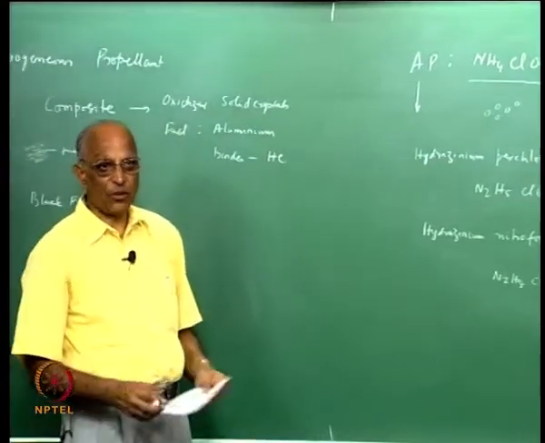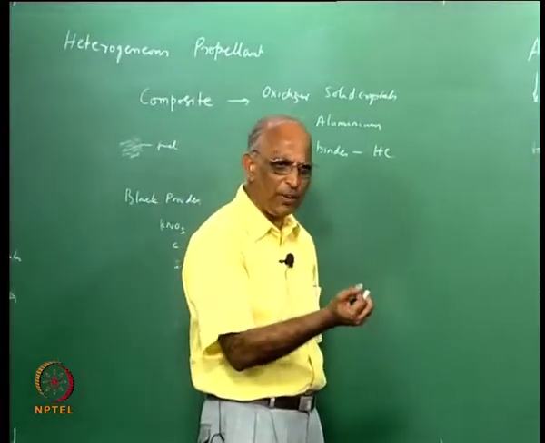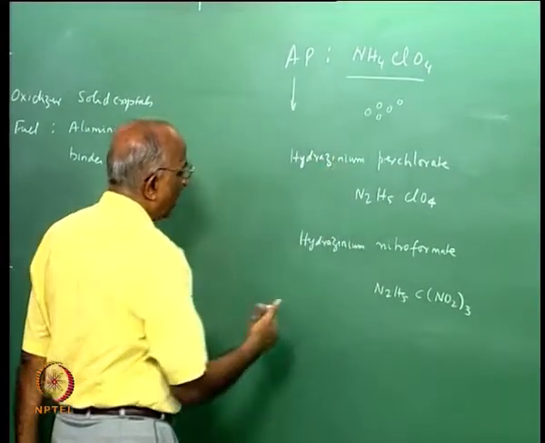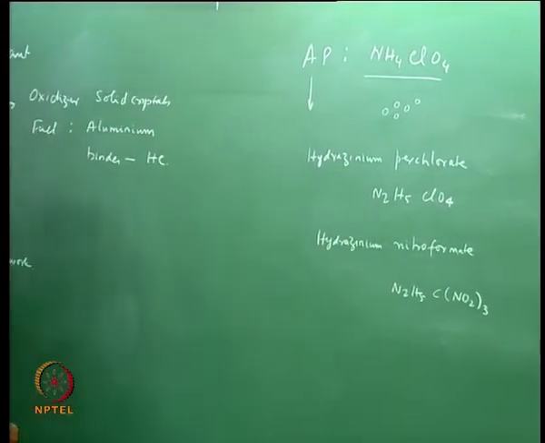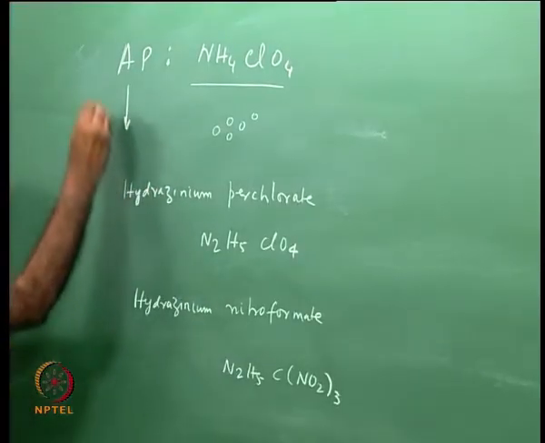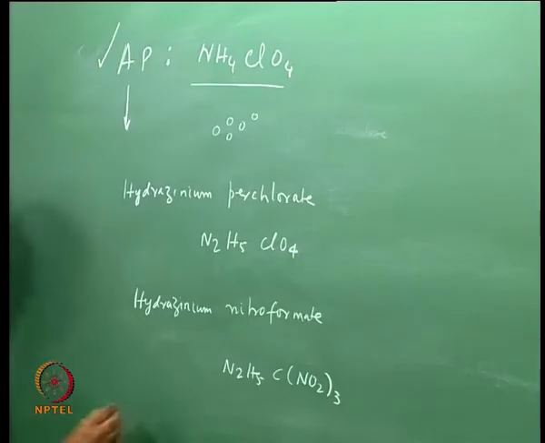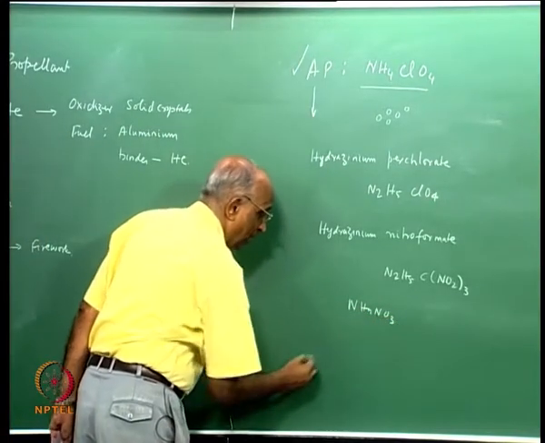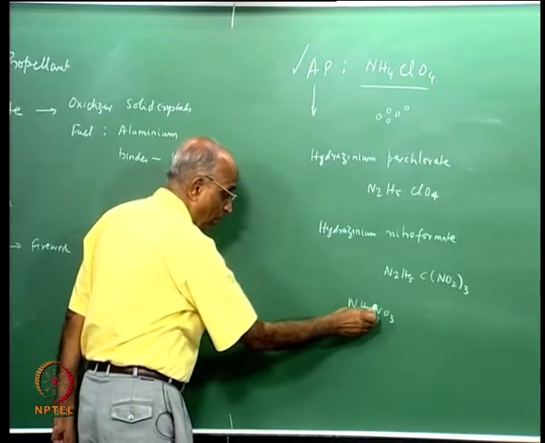We have things like coated AP instead of the raw AP, such that it is more easily processable. I will come back to that point a little later. We could have a choice of different types of oxidizers. We could use NH4NO3, but it is hygroscopic and has not much energy.